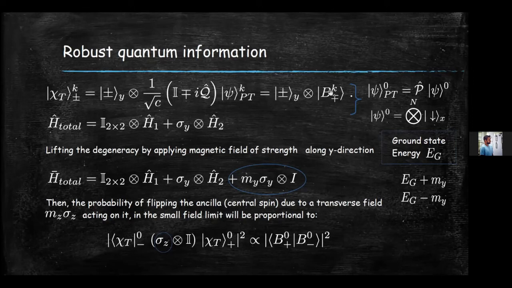Now these b plus and b minus, to remind, are the PT-symmetric part of the total state, where we have taken the state to be in the ground state only. So as it turns out, we have two states which are energetically separated by this gap, and the flipping probability of this ancillary spin turns out to be directly proportional to only these two states, which are now the ground state and the first excited state.